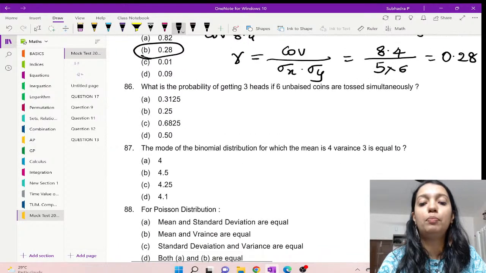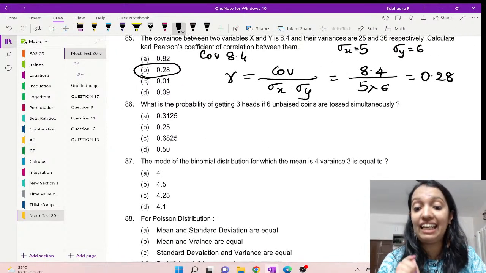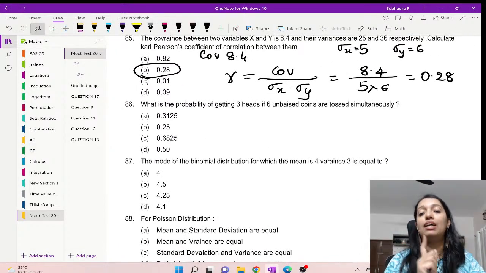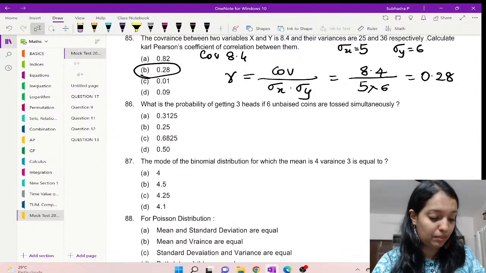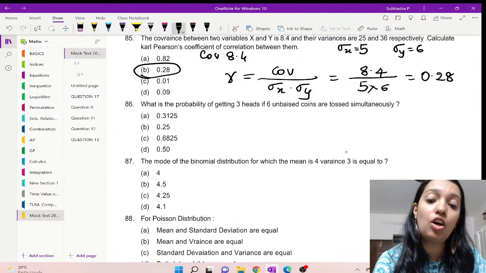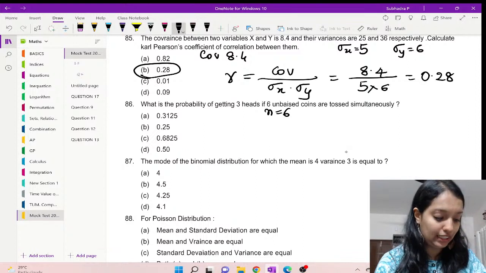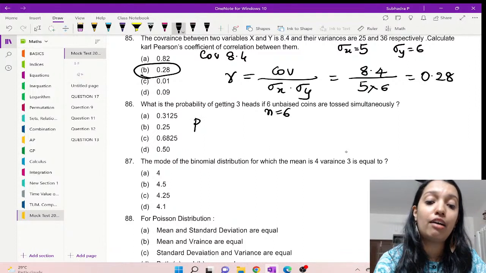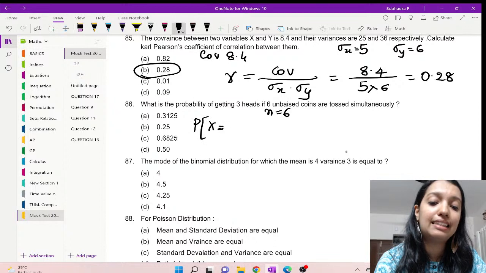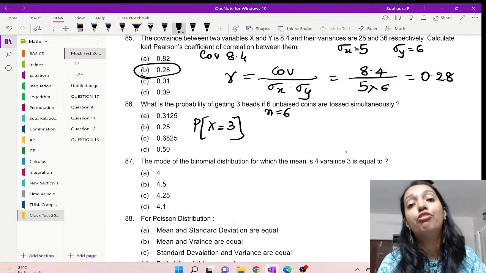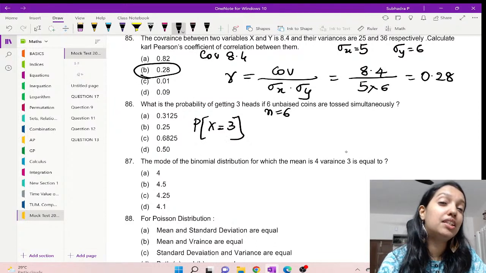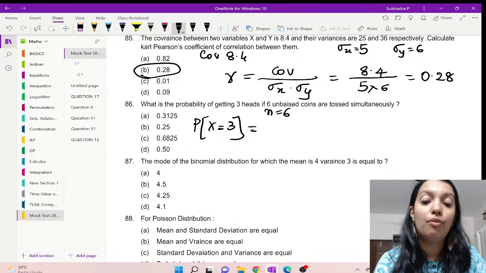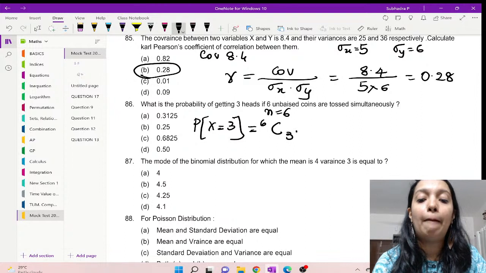Next, what is the probability of getting 3 heads if 6 unbiased coins are tossed simultaneously? 6 coins are tossed, n is equal to 6. Probability of getting 3 heads, so you have to find P of X equal to 3. What formula do we have to use? The binomial distribution formula, which is nCx into p power x.